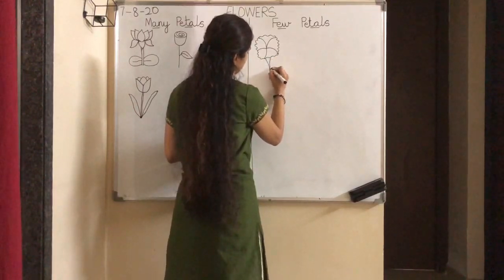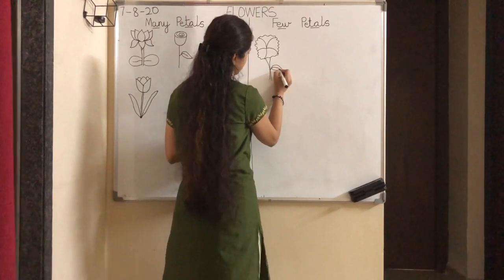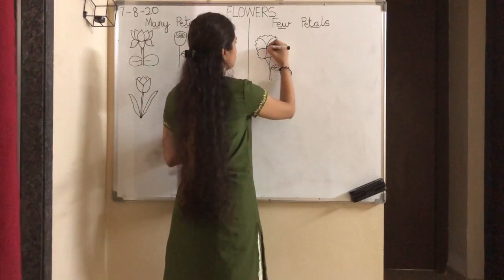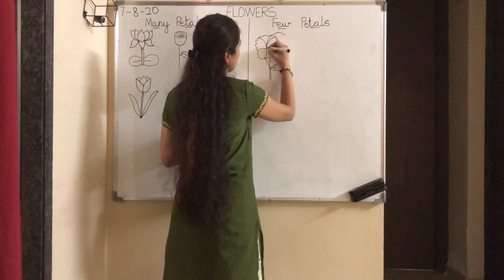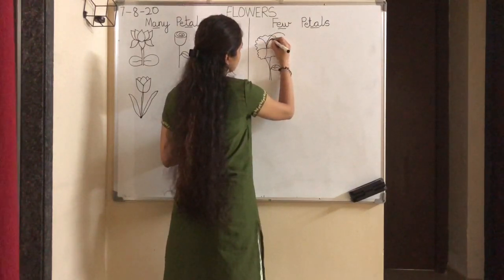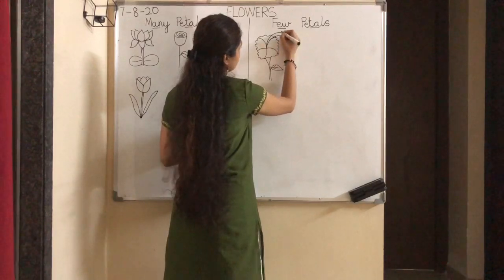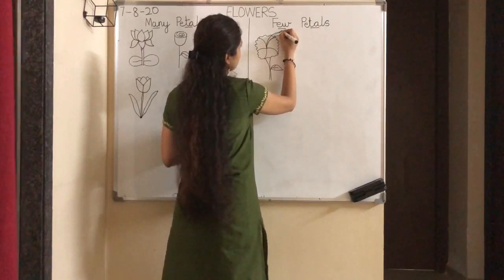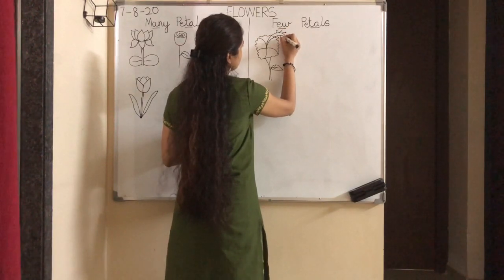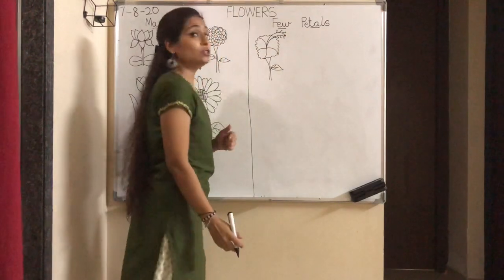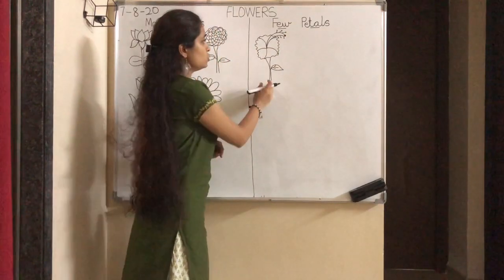Draw the leaves. And let's draw the stigma from the center. Go up, down. Then again from the center go up and down. This is a shoe flower. What is this? Shoe flower.